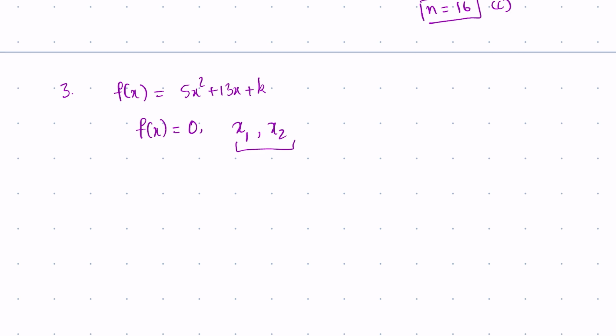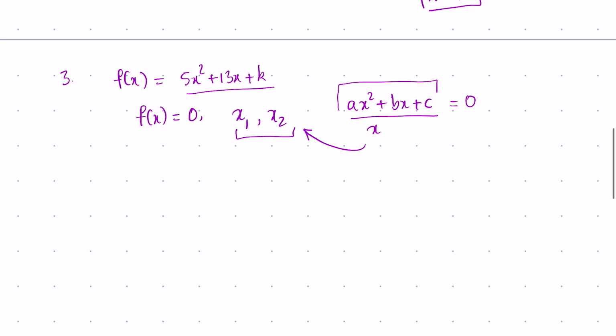So any equation of this form can be written as ax squared plus bx plus c, right? So that's a quadratic polynomial. If you set this equal to 0, you'll get some value of x, like I said, x1 and x2. For any polynomial that has this form, the product of the zeros is nothing but c by a, okay?